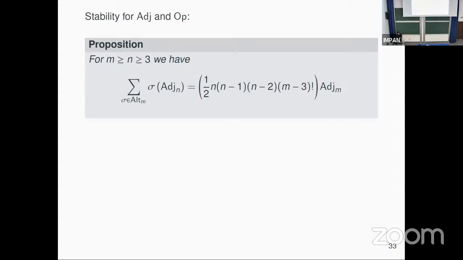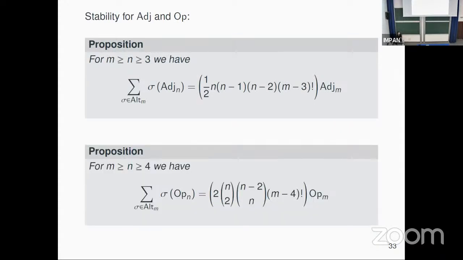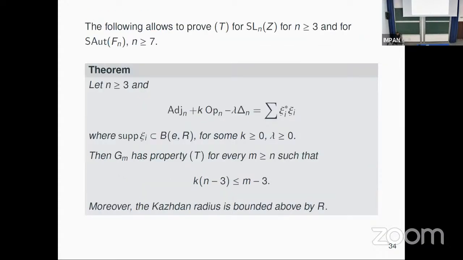And maybe I'm running out of time, so I'll just say that there are formulas that relate all of these: the adjacent part on the level m to the adjacent part on the level n, and so also for the opposite part. The main technical theorem is that if I can prove positivity of a certain element at a level n, then under certain assumptions I can get positivity for infinitely many levels from some point on.